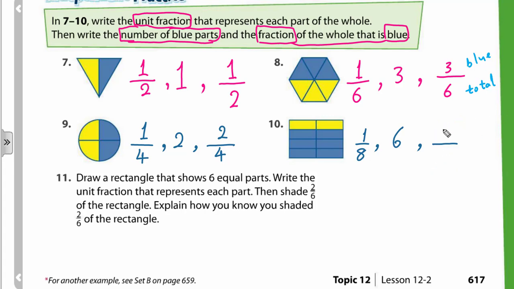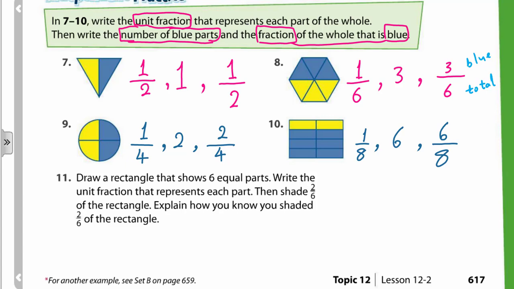Okay, 2/8. Wrong also, because it's not 2 blue. You said that we have 6, so 6, 8. Yes, so it is 6/8. Okay, thank you, Abdullah.